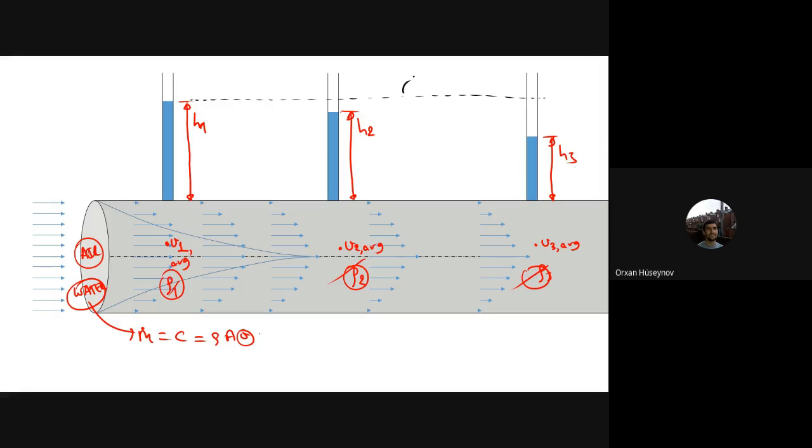This is what Bernoulli says: you have the loss, and then you have the loss. The reason for that loss is that you start with the no slip boundary condition, and then you have the growth of the boundary layer due to friction.